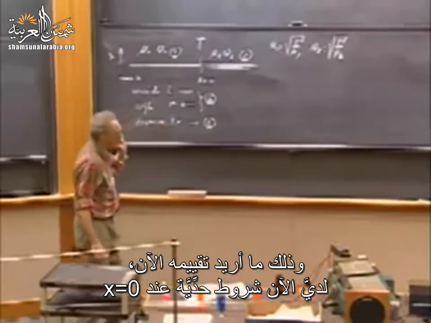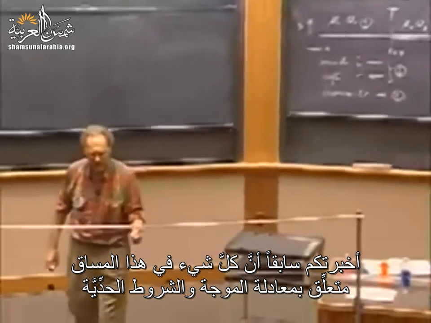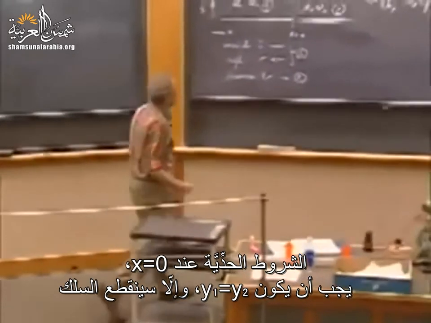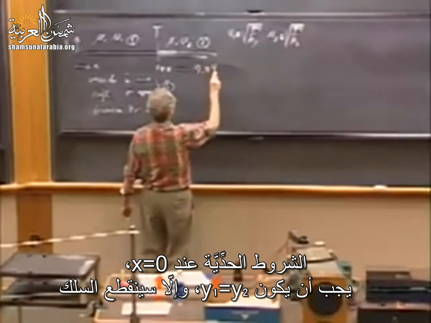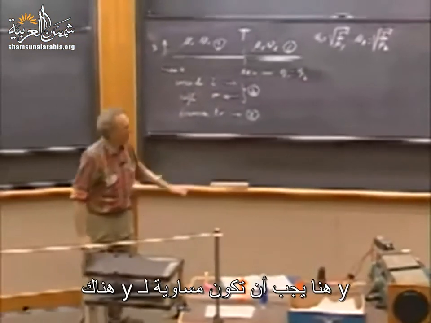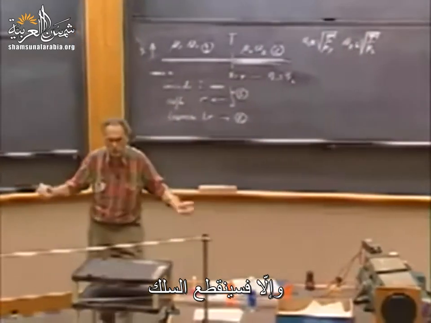Now I have boundary conditions at x equals 0. I told you earlier, all of 8.03 hangs together, the wave equation and boundary conditions. And that's true. The boundary condition is that at x equals 0, y1 must be y2, unless the string breaks. So the y right here must be the same as the y right there, otherwise there would be a break of the string.